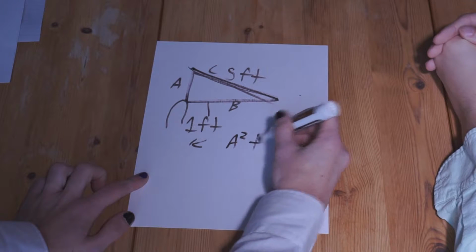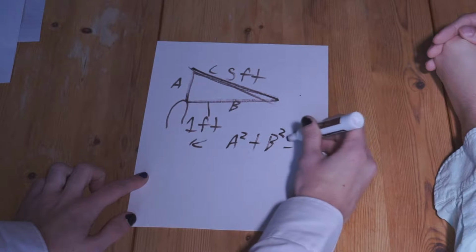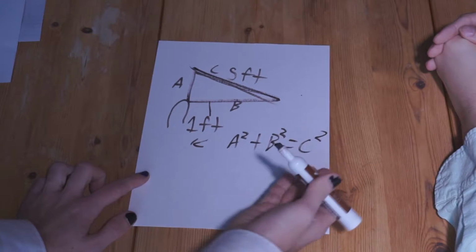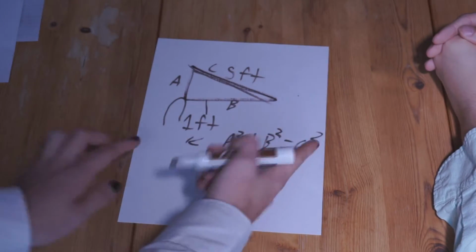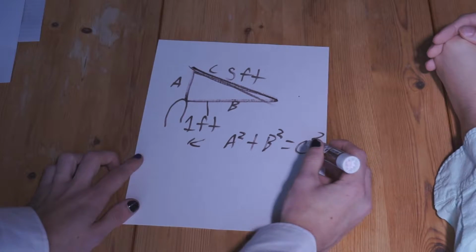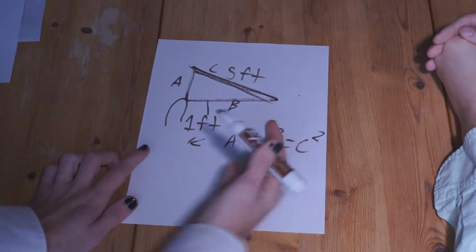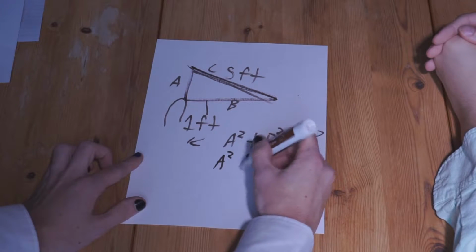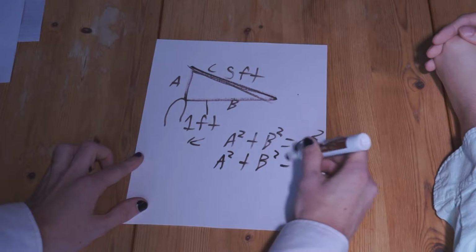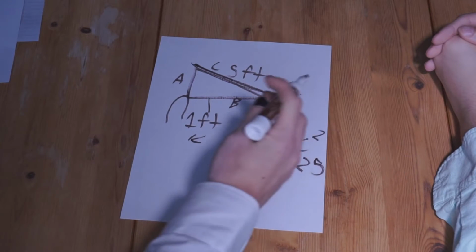A squared plus B squared equals C squared. And since we know C is 5 feet and it's a constant, let's plug it in. Well, it would be 5 squared, but we all know that's 25. So A squared plus B squared equals 25.